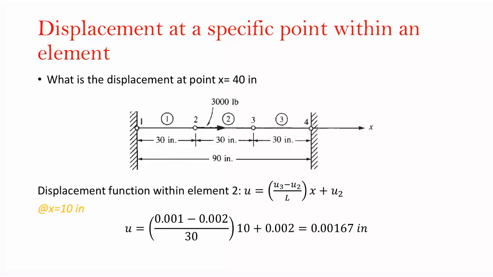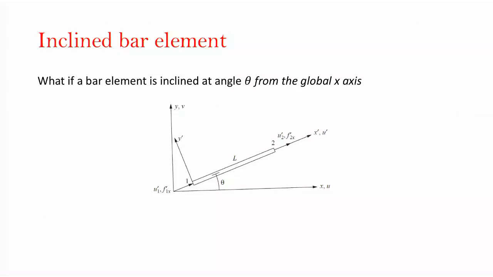In the end, I went through the inclined bar element formulation quickly. I'm going to recap it very briefly today. So again, when we have a bar element in the local coordinates, we don't have any problem with the element stiffness matrix and global stiffness matrix that we draw. So all good.